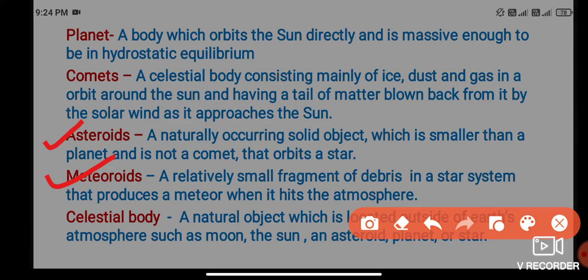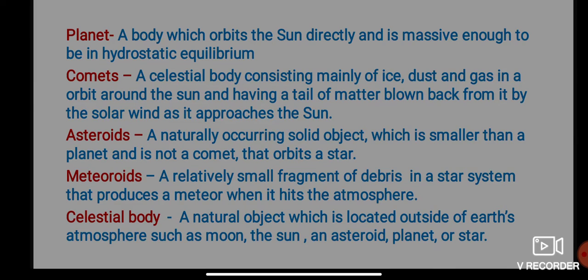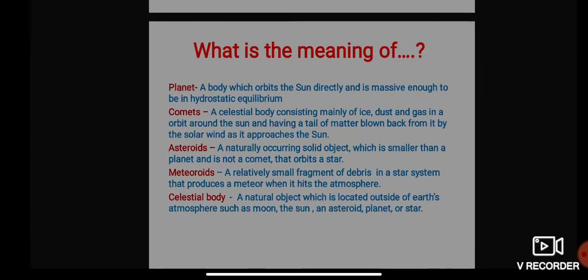A relatively small fragment of debris in a star system that produces a meteor when it hits the atmosphere. That is known as meteoroids. And what is celestial body? Lastly, a natural object which is located outside of Earth's atmosphere, such as the moon, the sun, an asteroid, planet, or star. They are referred to as celestial bodies.